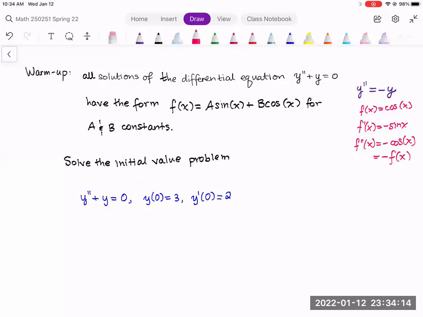So because we're given it, we know that all solutions have to look like f of x equals a sine x plus b cosine x. Okay, so take a moment, pause, and think through how we could figure out how to satisfy these two conditions, that the function at 0 is 3 and its derivative at 0 is 2.